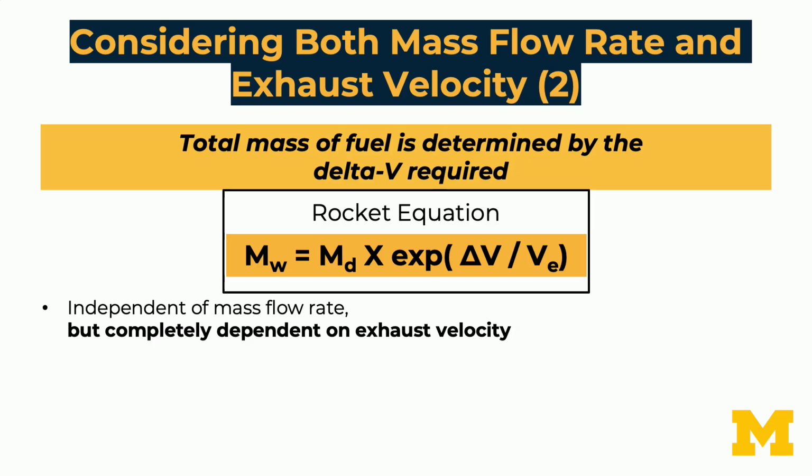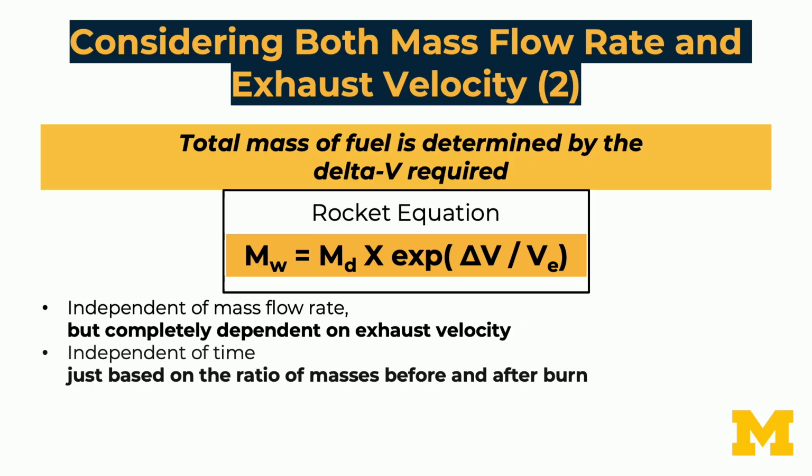It's completely independent of the mass flow rate, but it is very dependent on the exhaust velocity. It's also independent of time. This equation doesn't tell you how long it's going to take to get your delta V that you want. It just basically says if you're exhausting some certain amount of mass, however long that takes, however quickly you do it, you get this delta V from that.